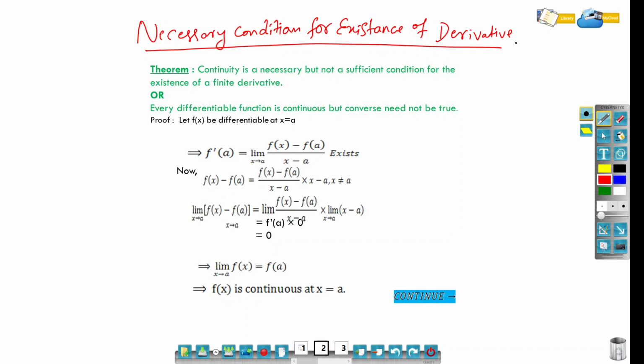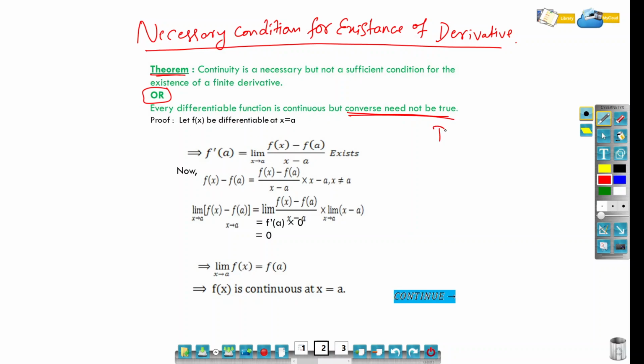Okay, theorem statement. Continuity is a necessary but not a sufficient condition for the existence of a finite derivative. This is the statement of the theorem. Or, every differentiable function is continuous but the converse need not be true.